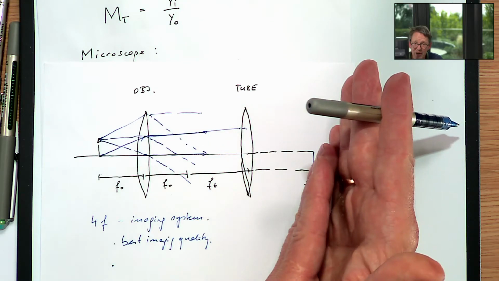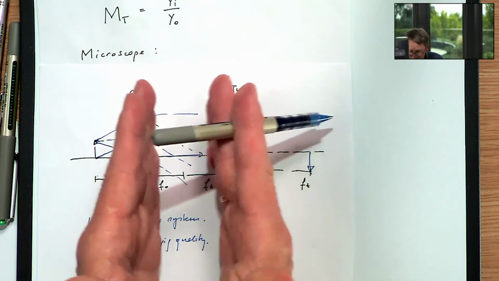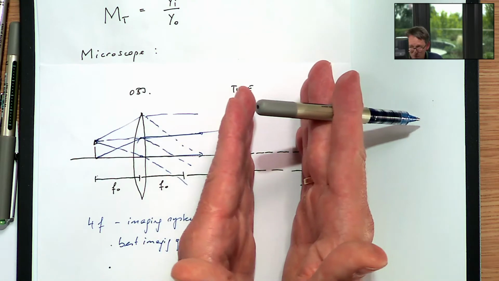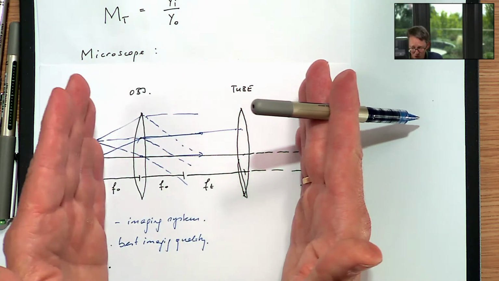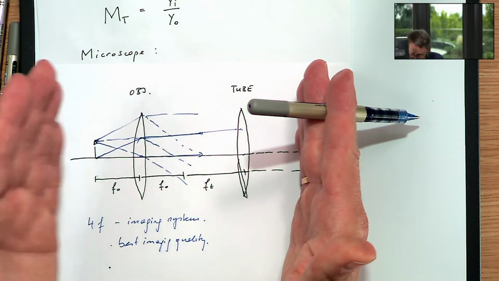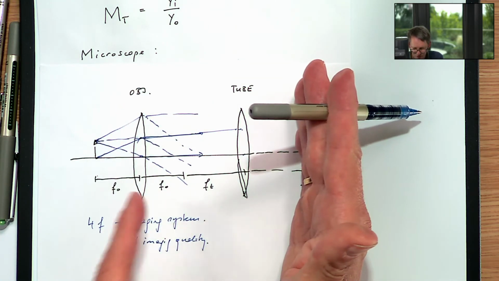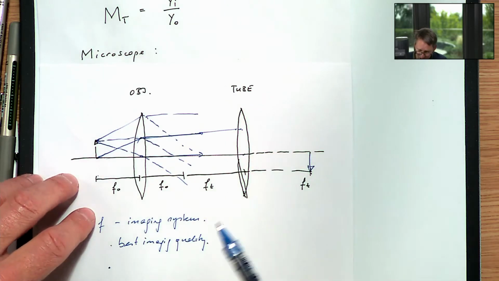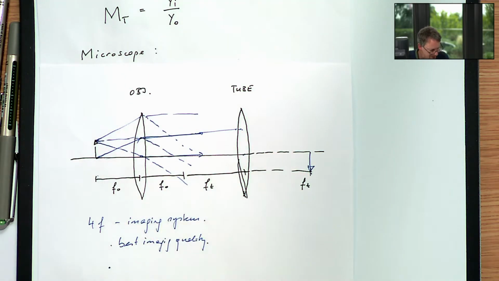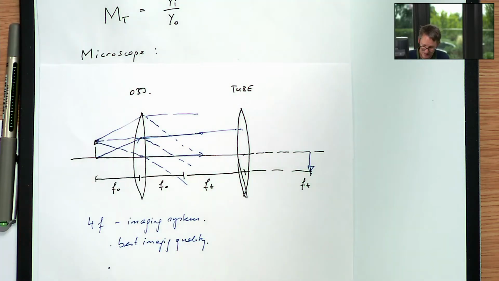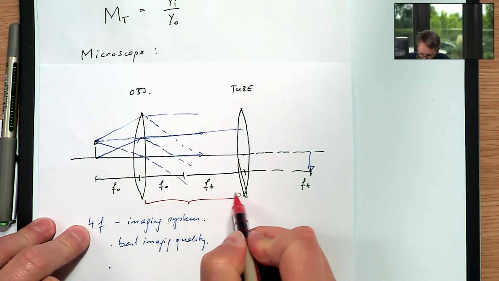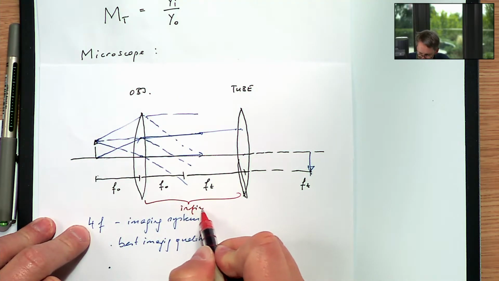So that allows you to change this distance without changing the magnification of the sample. The magnification is simply given by the ratio of the focal lengths ft over f naught. I'll write that down in a minute. But this space in between, and this is really important in this 4F imaging system, is called the infinity space.